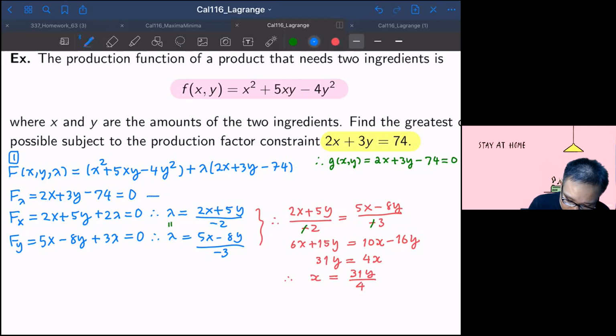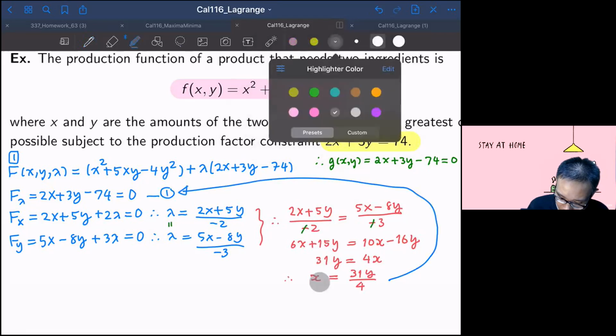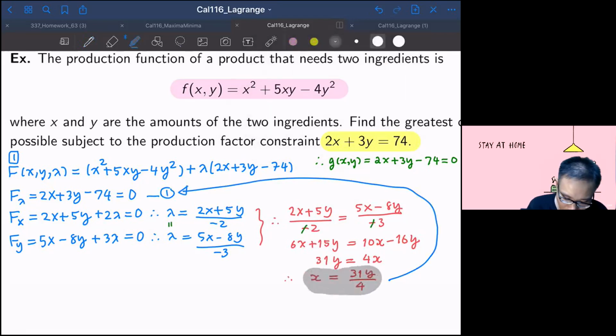So this one will be your first equation. You're gonna put this x into this equation.